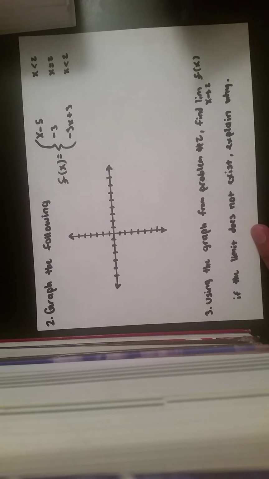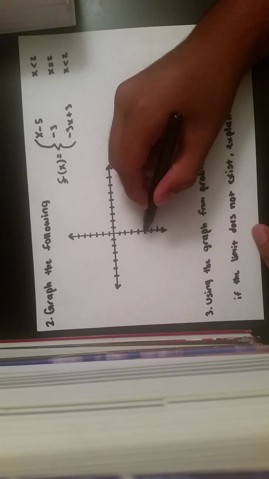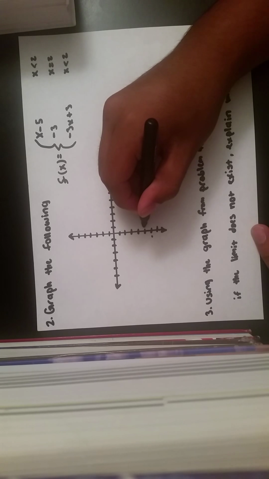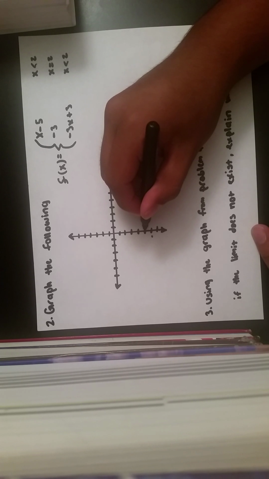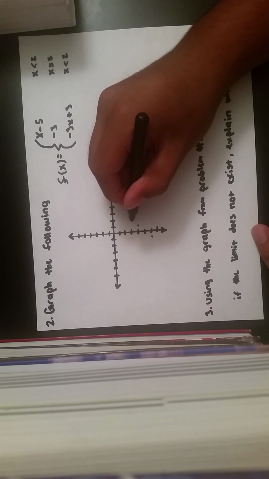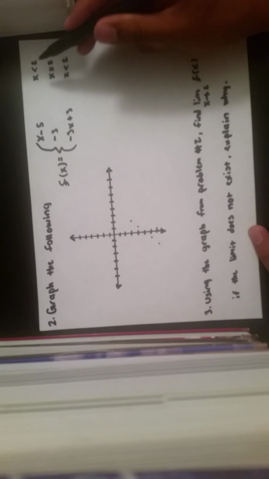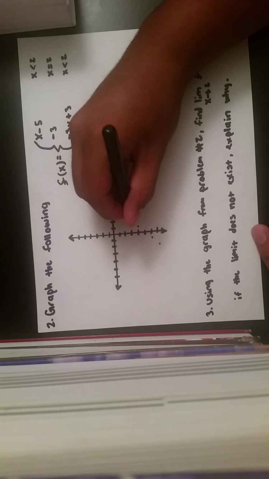But for everything less than 2, so 1, 2, 3, 4, 5, we're going to go down 1 over 1, up 1 over 1, down 1 over 1. And x isn't less than or equal to 2, so we're going to have an open circle.